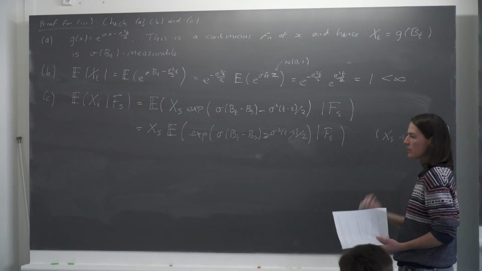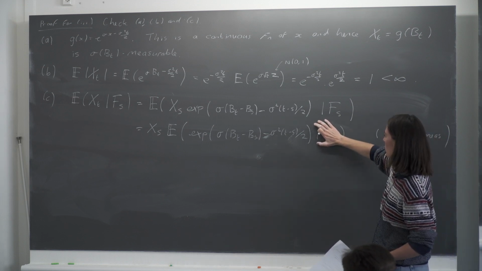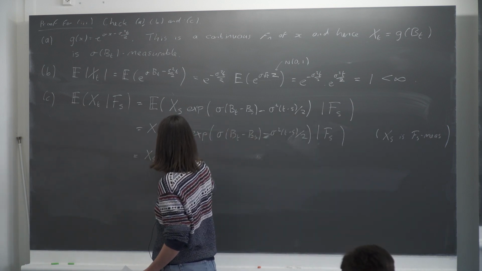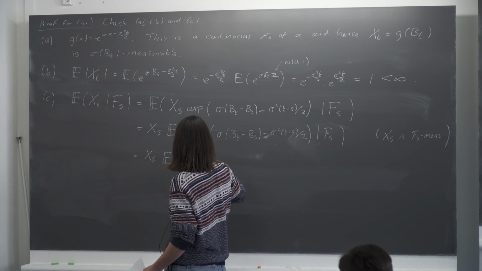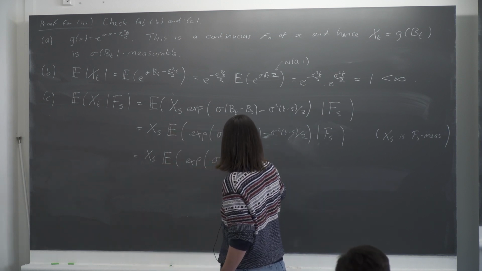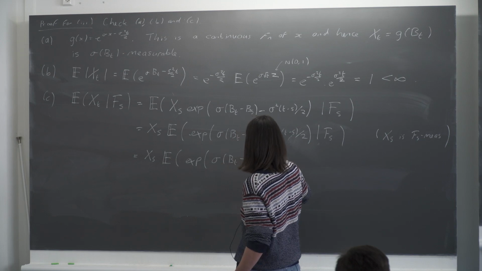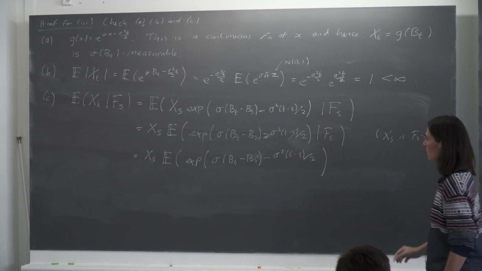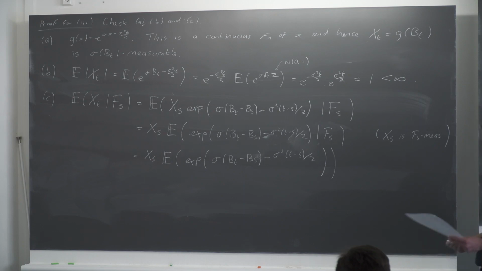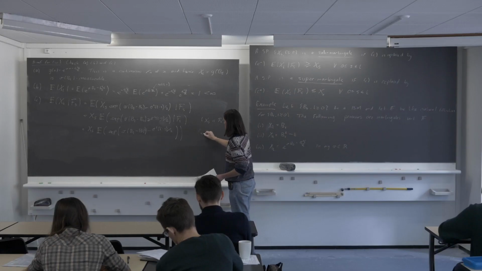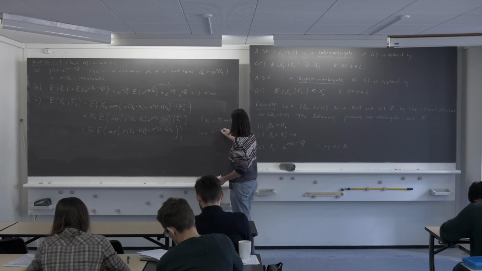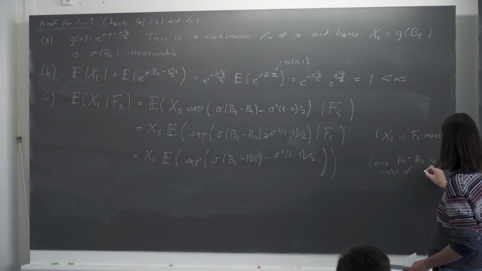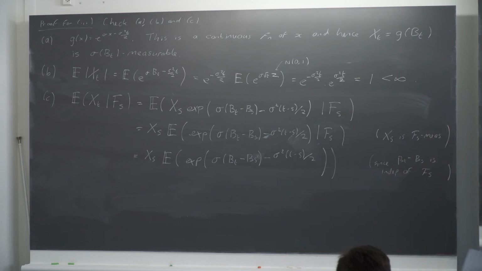And so that means, again, using our properties of conditional expectation, we can just lose the conditioning. And so we can write this as Xs times the expected value of e to the sigma (Bt minus Bs) minus sigma squared (t minus s) over 2. Okay, so we don't need to condition on anything anymore, since Bt minus Bs is independent of Fs.